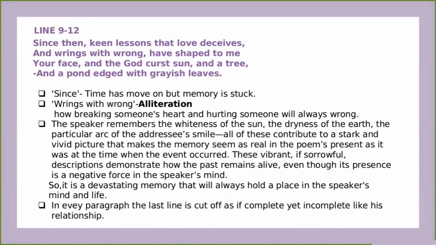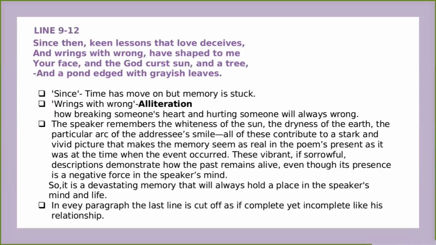"Since then, keen lessons that love deceives and wrings with wrong have shaped to me your face, and the God-cursed sun, and a tree, and a pond edged with grayish leaves." So, "since" here shows the time has moved on, but the memory is stuck with him.